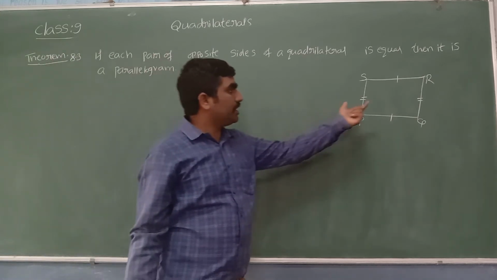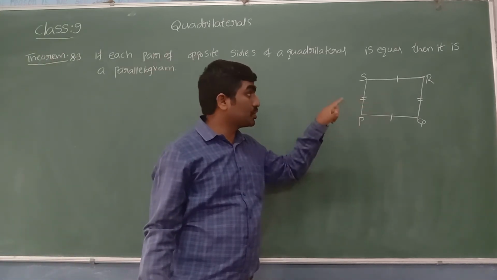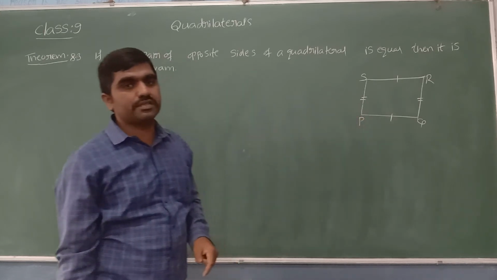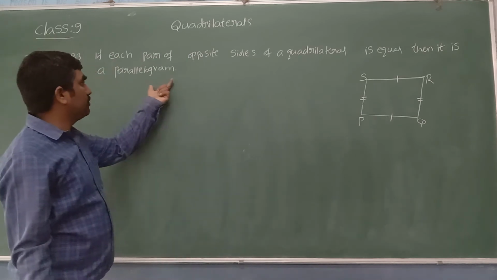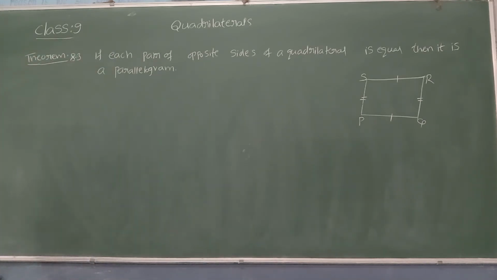Sir, to say it is a parallelogram, we have to show that two pairs of opposite sides are parallel. Once two pairs of opposite sides are parallel, then we can say that it is a parallelogram. Now let's see the given data.